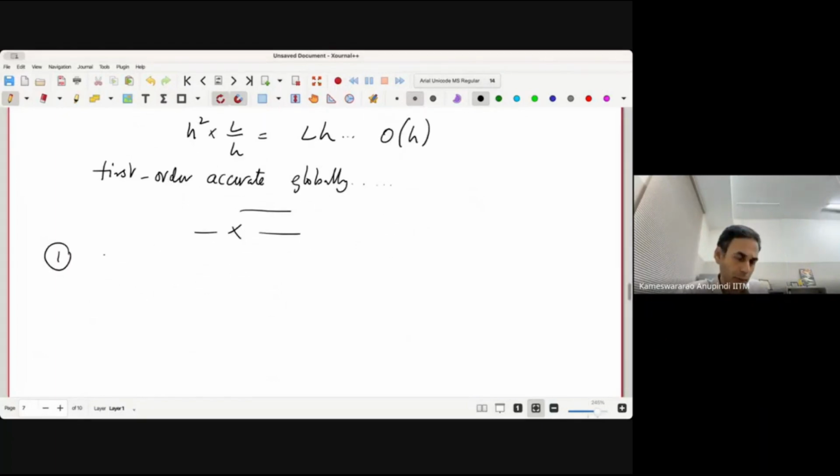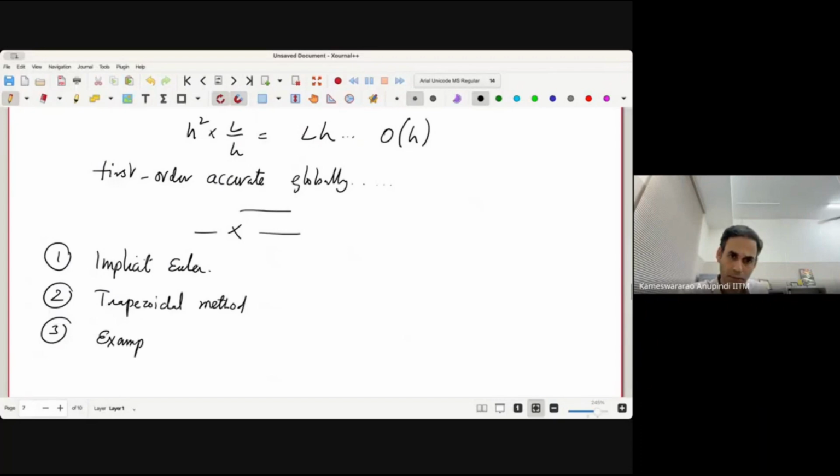We will look at the other methods, that is implicit Euler method, and then the trapezoidal method, and then as time permits, we will do some example problems, and after that we're going to look at the stability of these methods and so on. Okay, so ODEs is a slightly longer chapter compared to the other chapters. Okay, fine. Any questions, anybody?